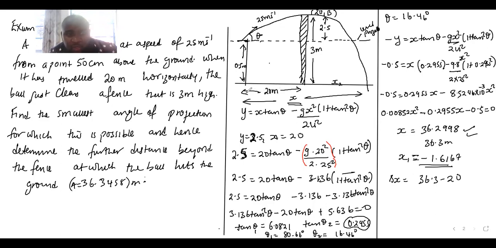Why? Because the particle has already traveled 20 meters past the wall. Now we are looking for the distance beyond the wall, so the total distance from the start to beyond the wall where it lands should be greater than 20 already. So this is the correct displacement. With that, the distance beyond will become 16.3 meters.